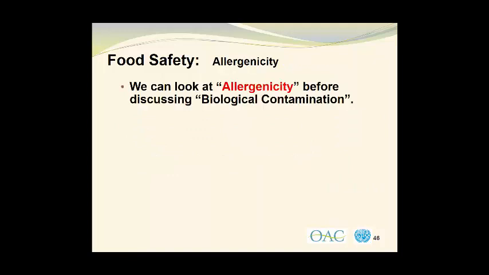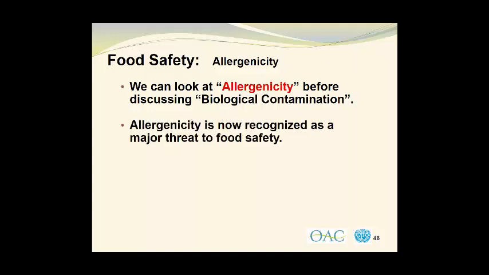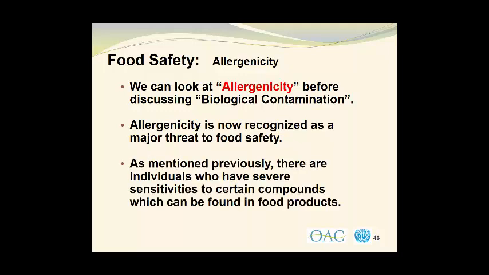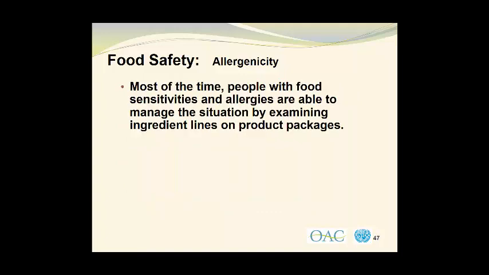Now let's take a look at allergenicity before we discuss biological contamination. Allergenicity is now recognized as a major threat to food safety. As mentioned previously, there are individuals who have severe sensitivity to certain compounds which can be found in food products.